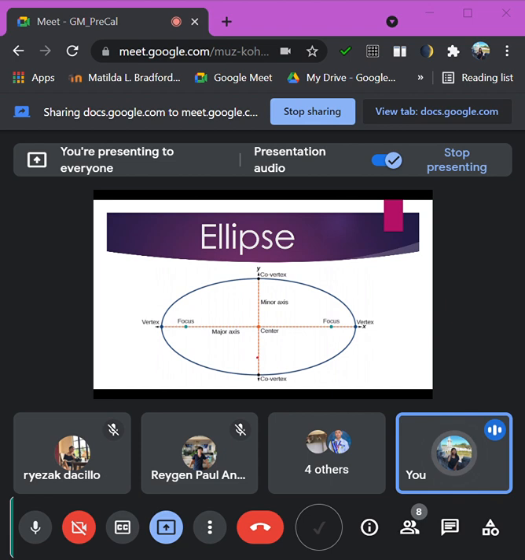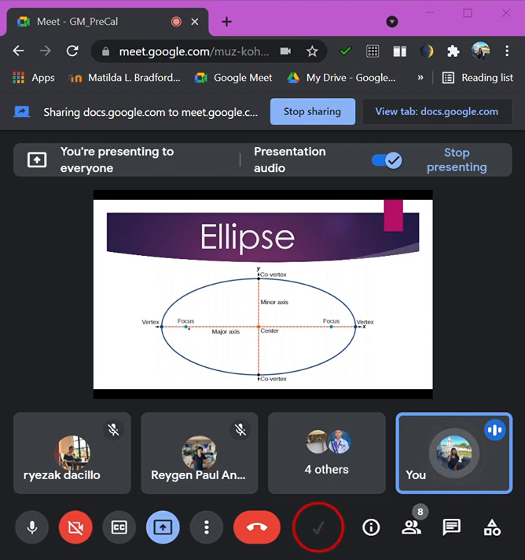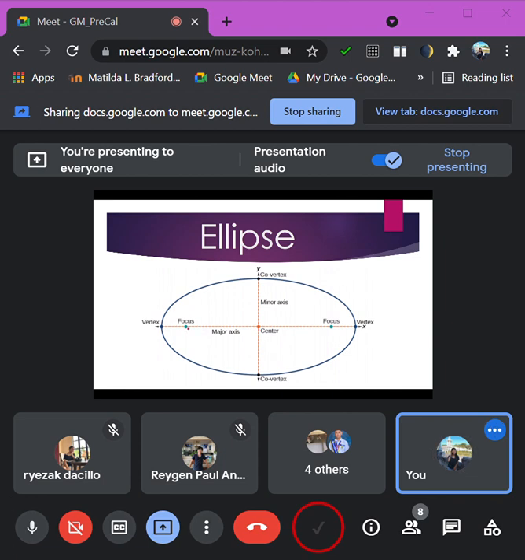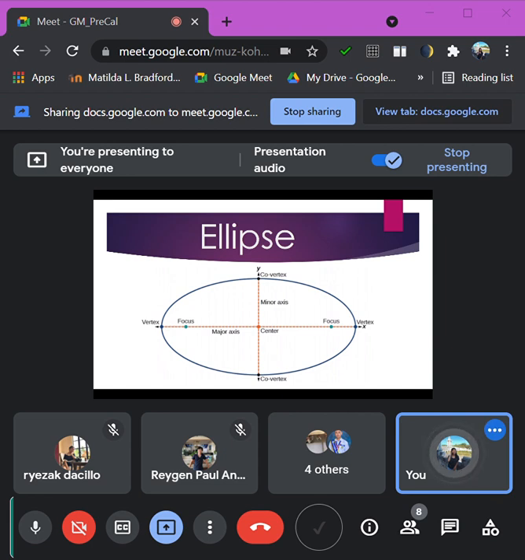Anong teacher, asa man makita ang C? Ang C class is ang distance ani imuhang focus sa imuhang center mo na siya C. Okay, and then kung moingon tag 2C mo na siya ang distance sa imong first focus o sa imong second focus. Okay? So that is for our parts of our ellipse.